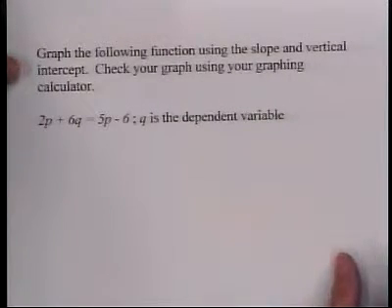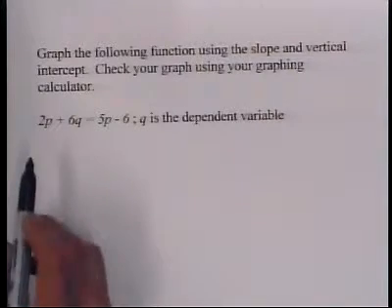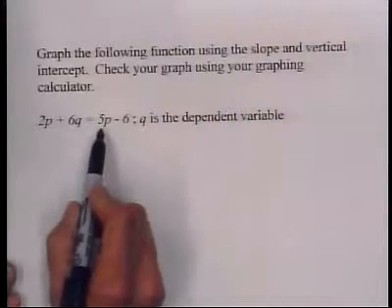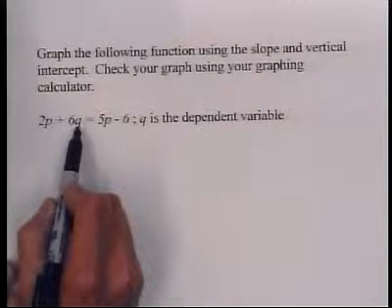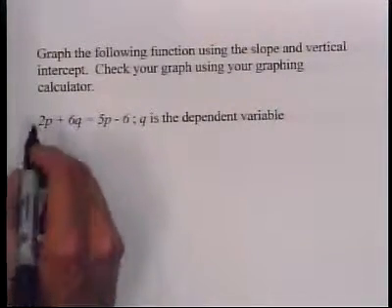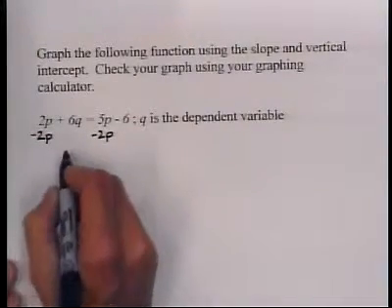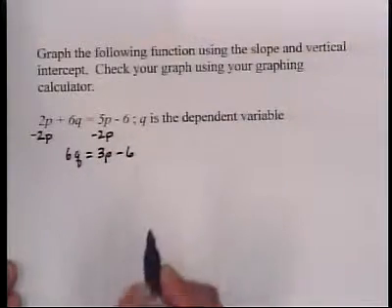This time we want to graph the following function using the slope and vertical intercept and check our graph using our graphing calculator just as before. The equation that we're working on is 2p plus 6q equals 5p minus 6. Q is the dependent variable, so q is what we want to isolate on the left-hand side. Start by subtracting 2p. 6q equals 3p minus 6.